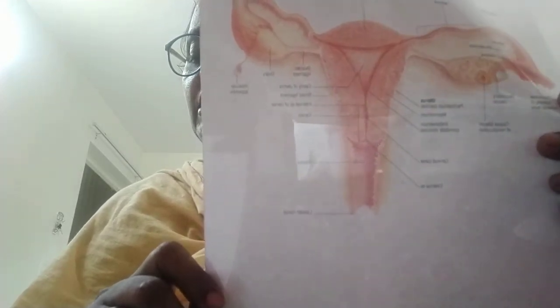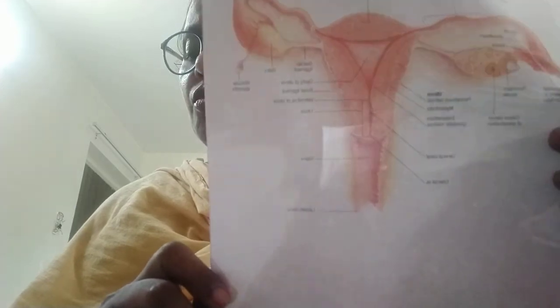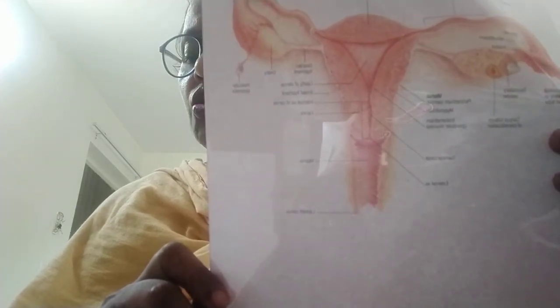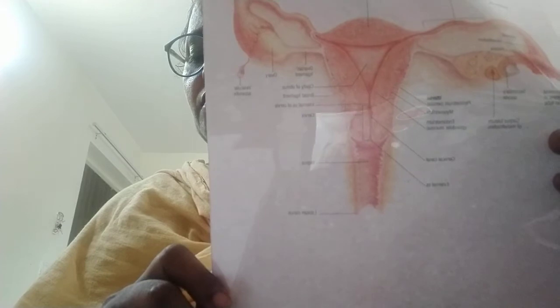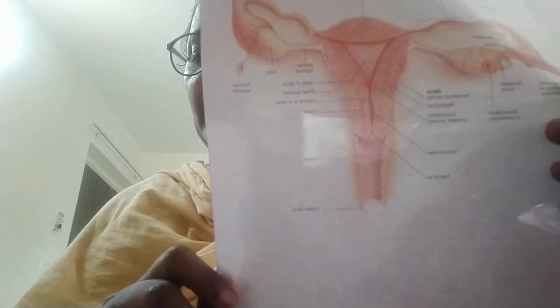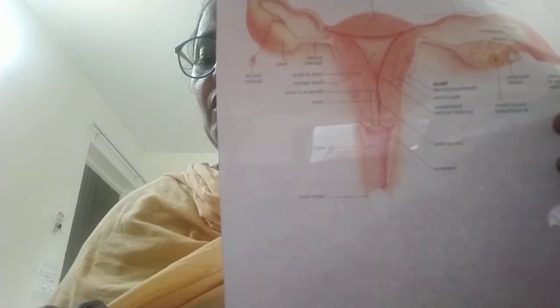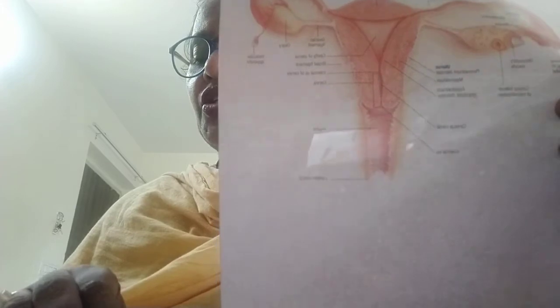The normal position is anteversion and anteflexion. The uterus usually inclines to the right, so the cervix is directed to the left and comes in close relation to the left ureter.